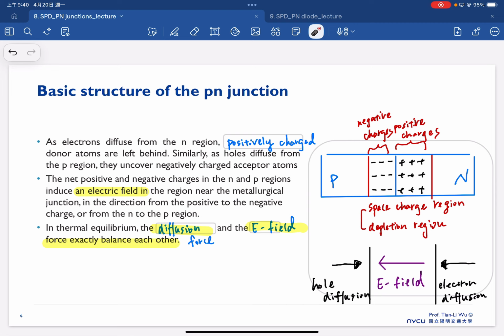So once we put the P and N together, immediately we will see this internal electric field inside this P and N space charge region.